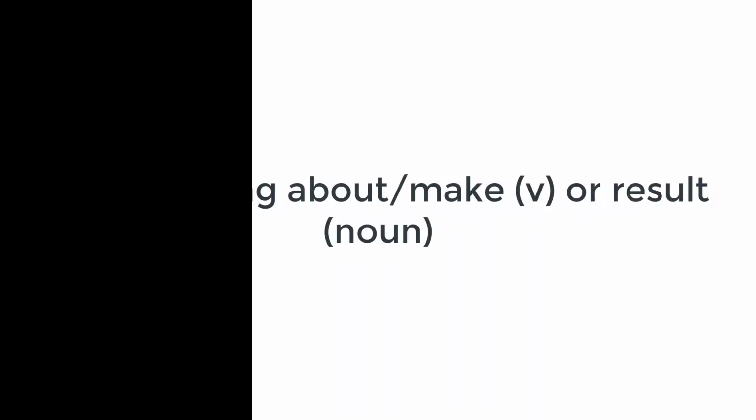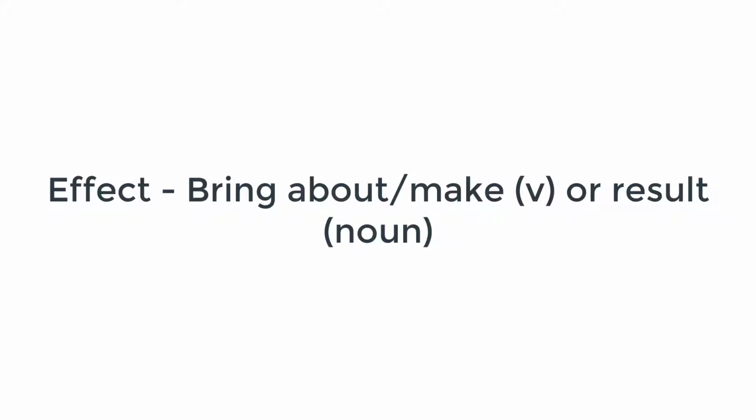And the next word is effect. EFFECT. So effect means to bring about or make something happen, as a verb, or a result as a noun, okay? So bring about or make as a verb, or a result as a noun. So that's important because it's very similar to the word affect, which is spelled AFFECT.